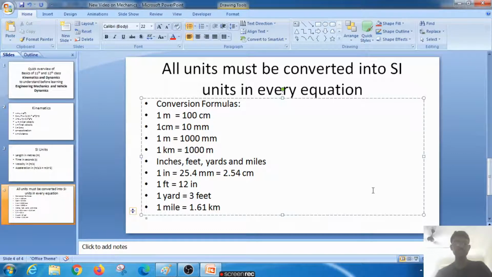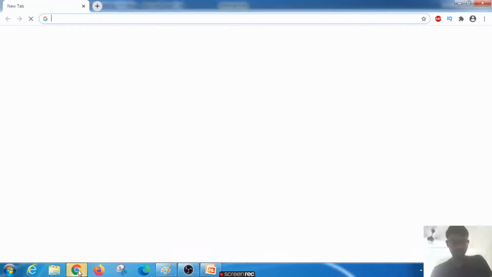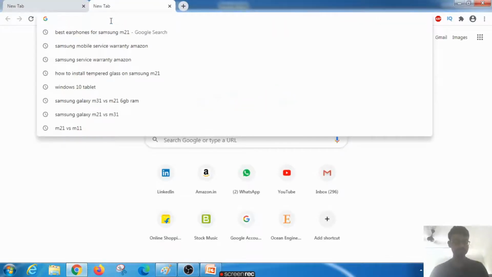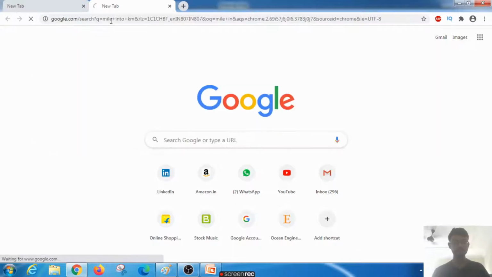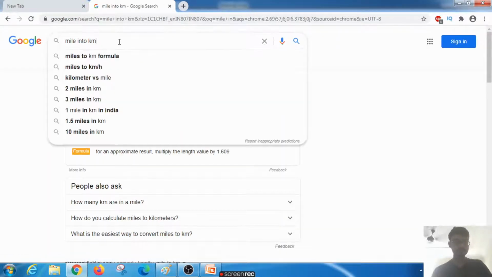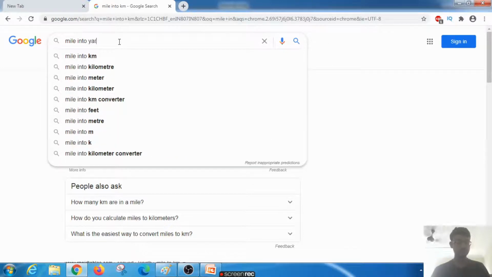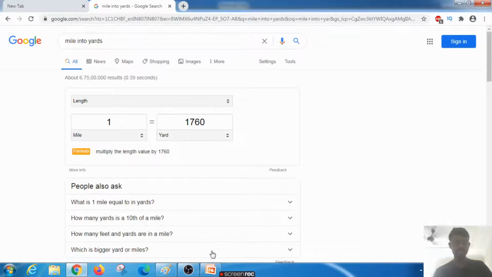And there is a difference between mile and nautical mile. Let me just check whether this is correct or not. Right, 1.61, right. 1 mile is 1760 yards, right?